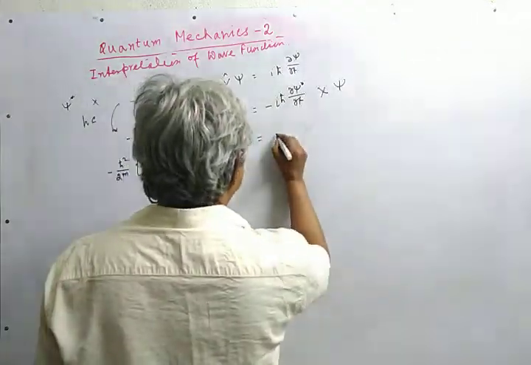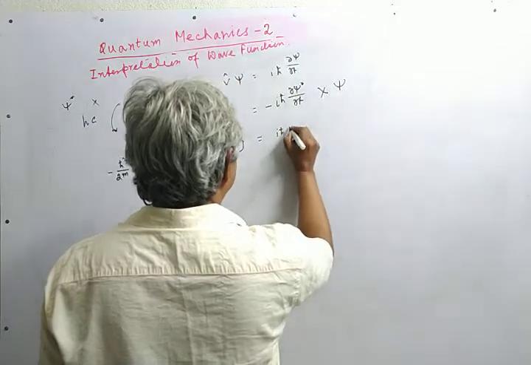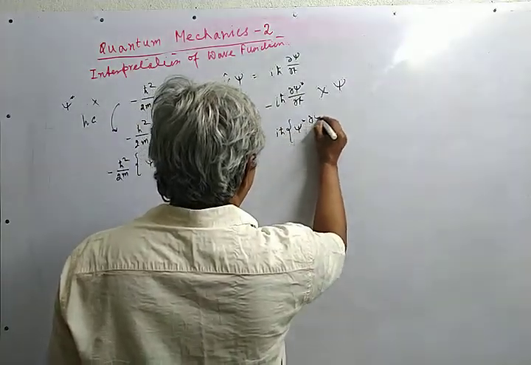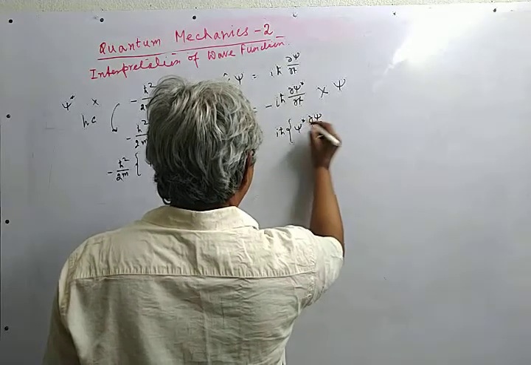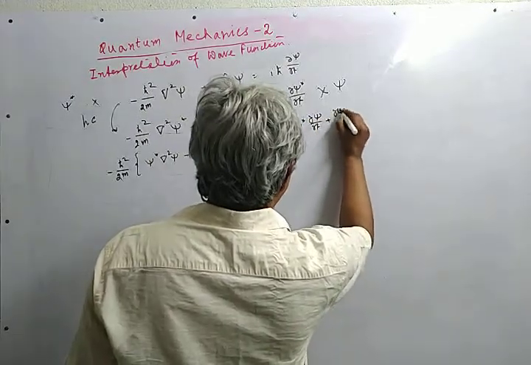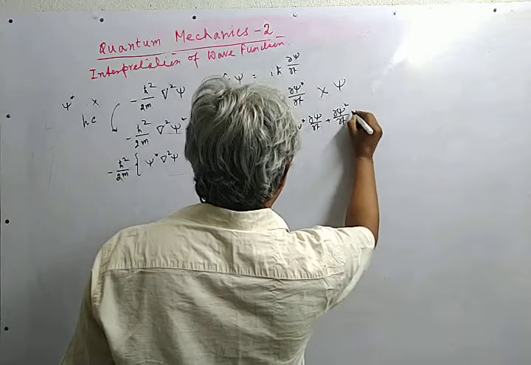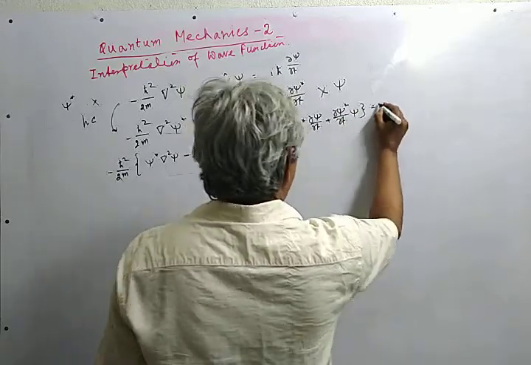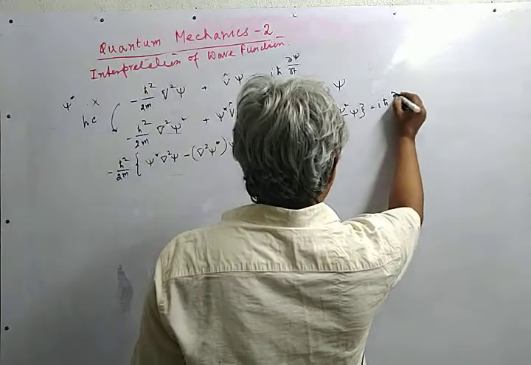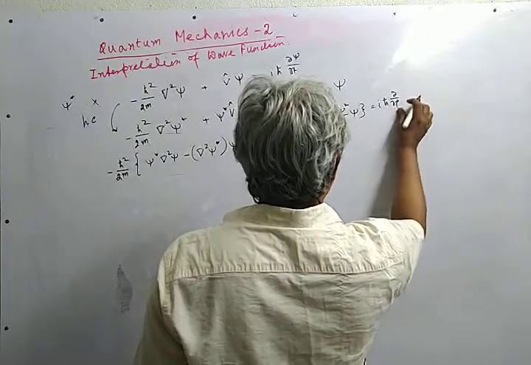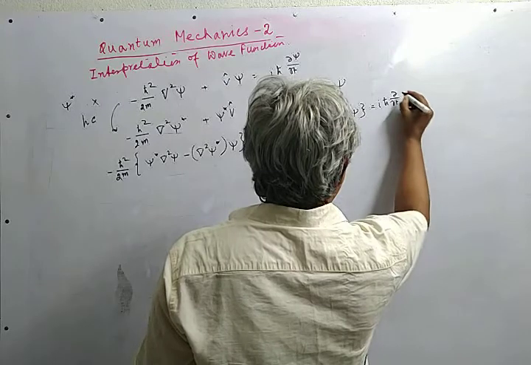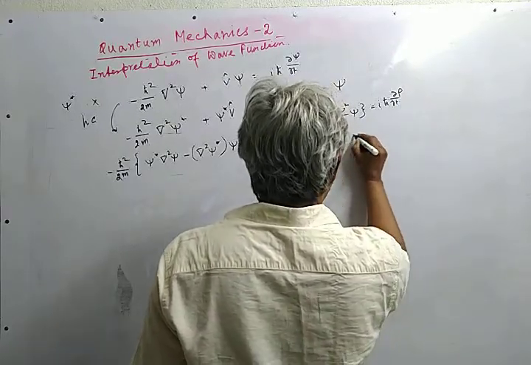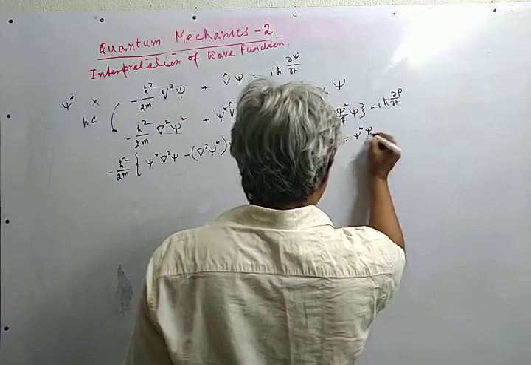And on the right hand side I will have H cross times psi star del psi del t plus del psi star del t psi, which is equal to iH cross del del t operating on rho, where rho is as usual psi star psi.